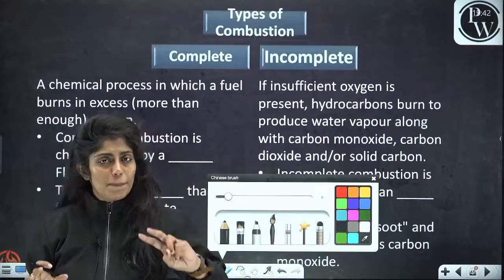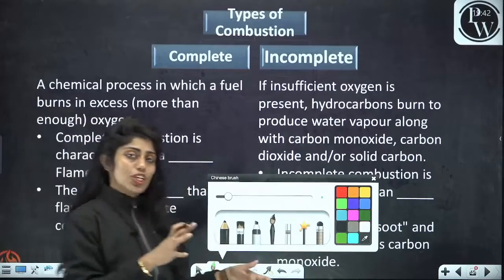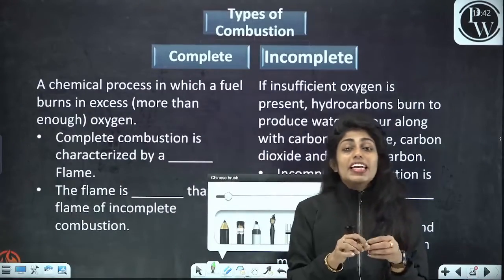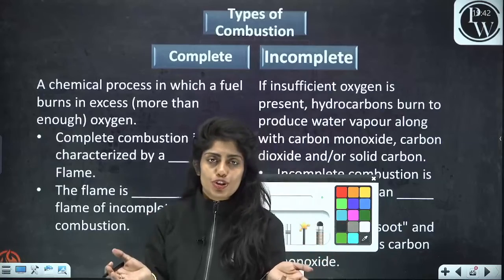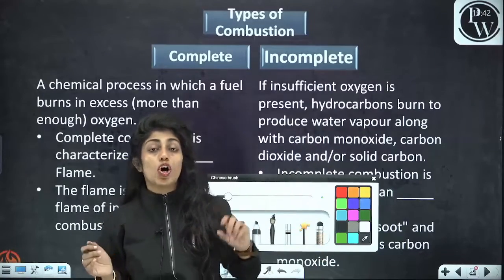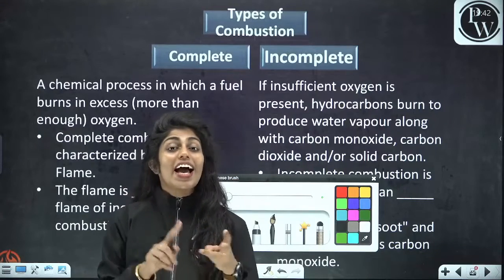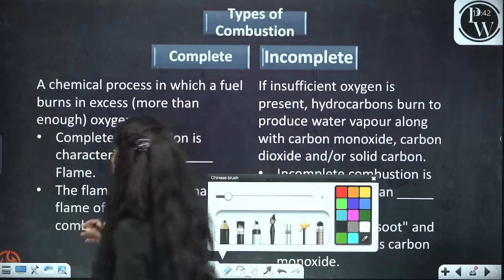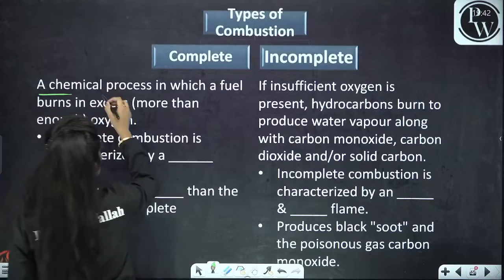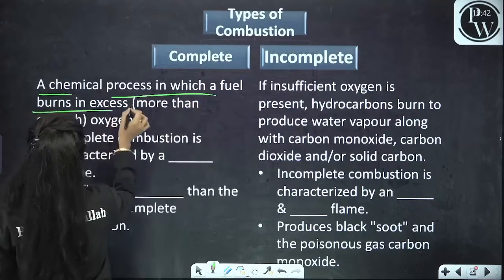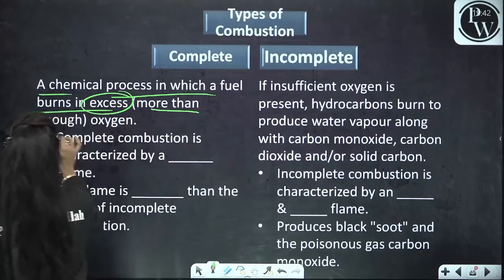Complete combustion, as the name suggests, has a complete supply of oxygen, because combustion depends on the fuel, the supply of oxygen and the amount of heat. So complete combustion is a chemical process in which fuel burns in excess or more than enough oxygen.